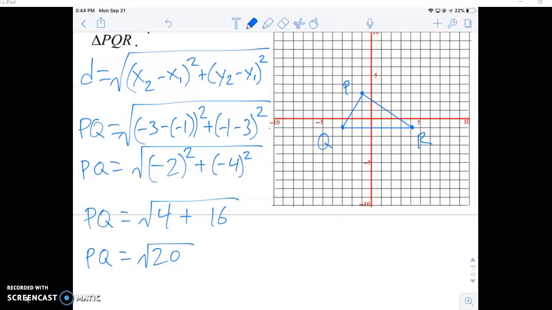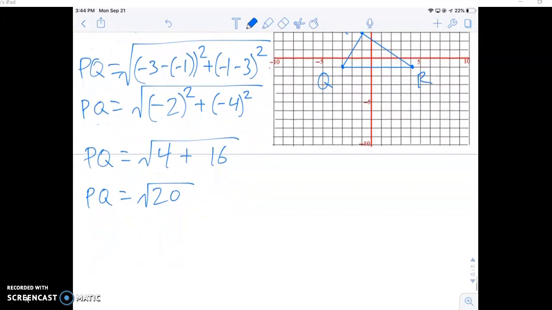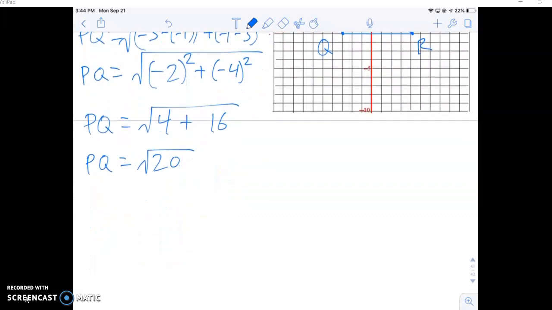And then next, I won't go through the steps again, but the distance between P and R was the square root of 41, and then the distance between Q and R was 7.